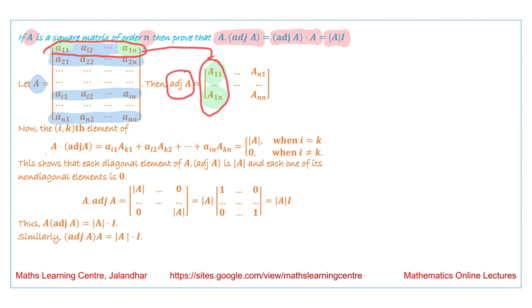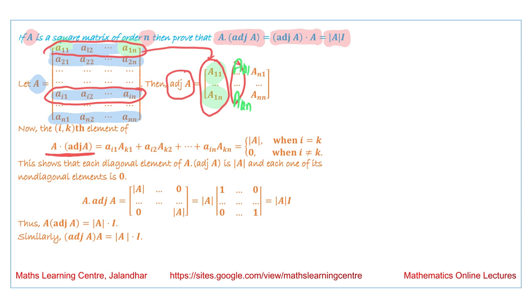So if we multiply A with the adjoint of A, take any general row over here, I am talking about ai1, ai2, ain, which will be multiplied with the terms over here. Say some kth row is there, and the elements in this kth row are capital Ak1 up to capital Akn.